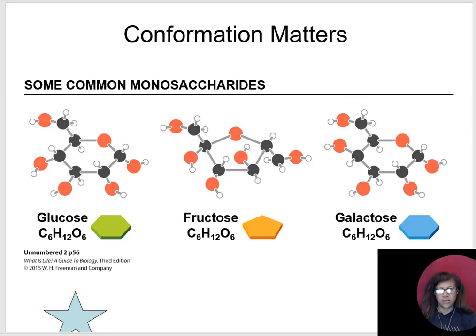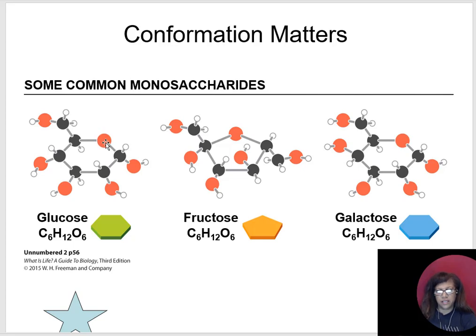So we already looked at glucose, and here we have glucose, C6H12O6, and we see the molecular conformation. But here we have fructose, and fructose also has the molecular formula of C6H12O6, but the conformation is different. So look here, and let's just start at this oxygen.